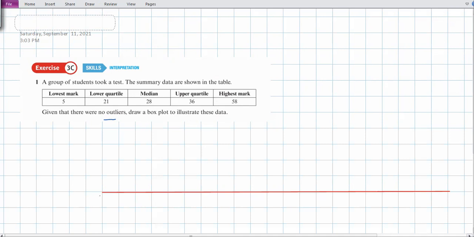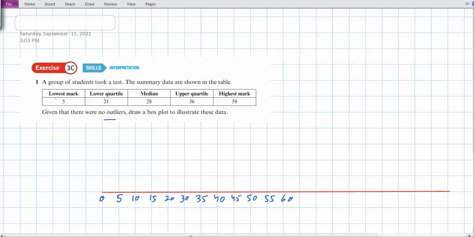So you should make a scale. Lowest mark is 5, so I can make a gap of 5. Like this: 0, 5, 10, 15, 20, 25, 30, 35, 40, 45, 50, 55, 60 is enough.